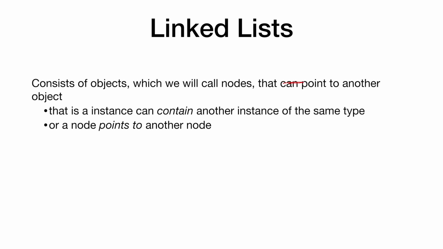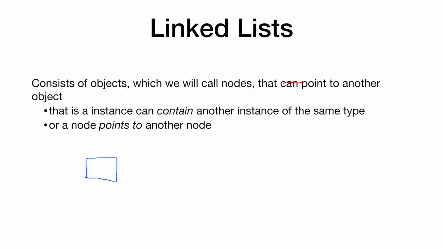Okay. That do point to other objects. So an instance of one object can contain another instance of the same type, or a node points to another node. So we normally draw this with little pictures as having a node, right?